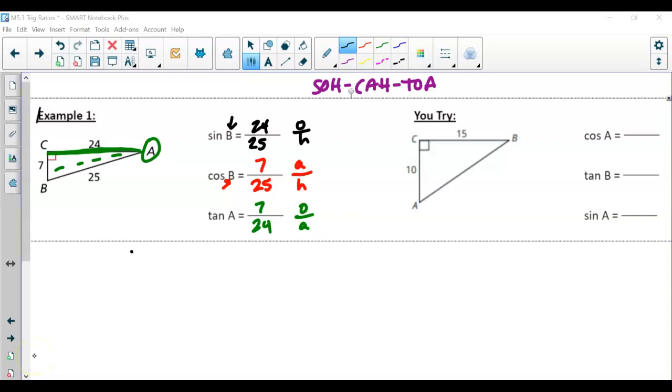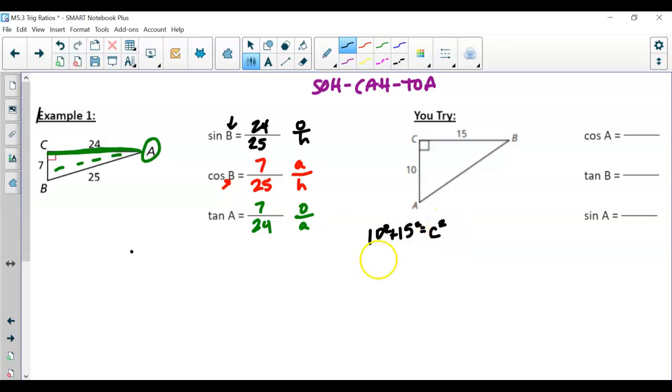And here we go. You should have gotten, just to make sure, 10 squared plus 15 squared is equal to c squared. You get 100 plus 225, which is 325.